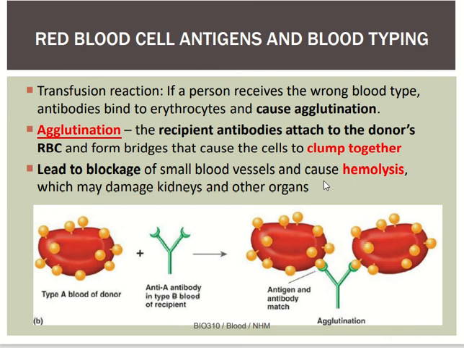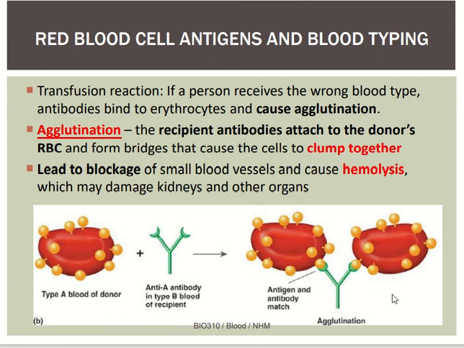If a person receives the wrong blood type, the antibodies of the recipient will bind to the erythrocytes, the red blood cells of the donor, and it will cause agglutination. Agglutination refers to the recipient antibody attaching to the donor RBC and forming a bridge, as you can see here, and it will cause the cells to clump together.